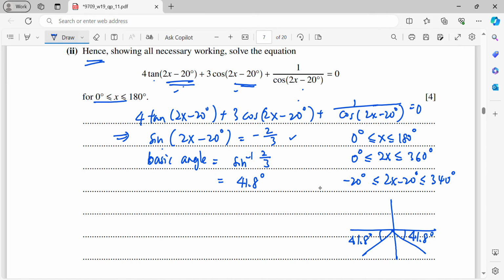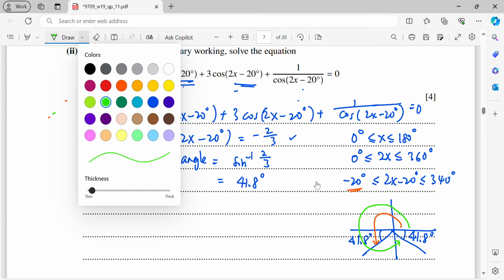Okay, now when you look at the interval, negative 20. Negative means you count the angle from the line below the horizontal line. So obviously the first angle is not in the interval because the first angle is already negative 41.8. Therefore you have to accept all positive angles, which means my first angle is basically the orange color and my second angle is the green color.